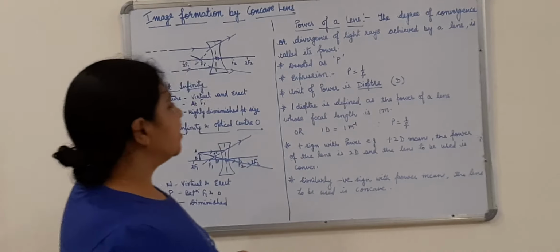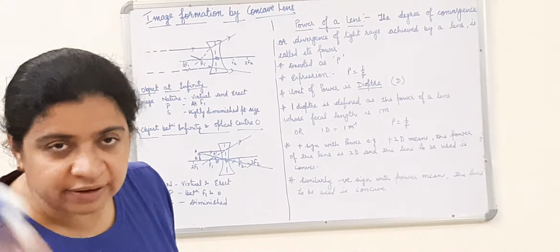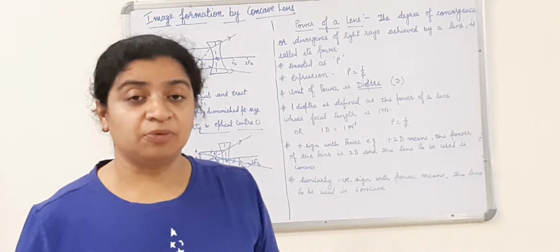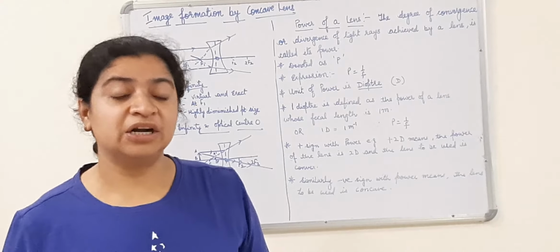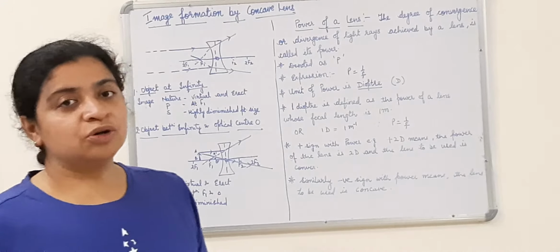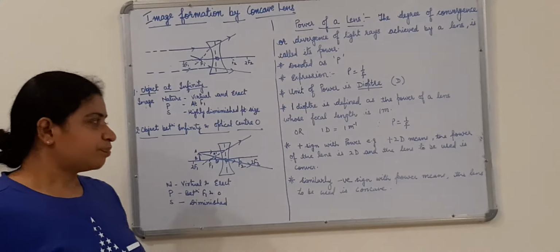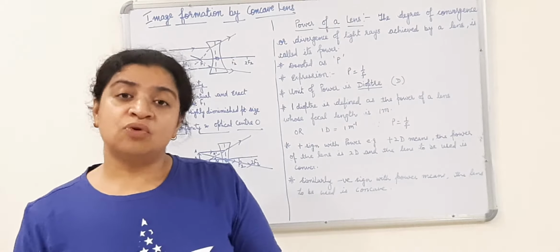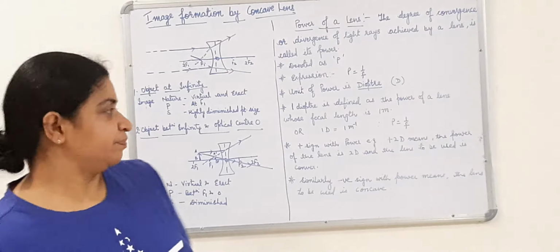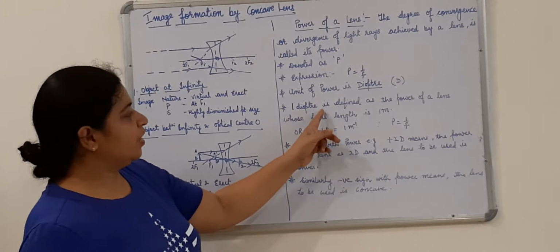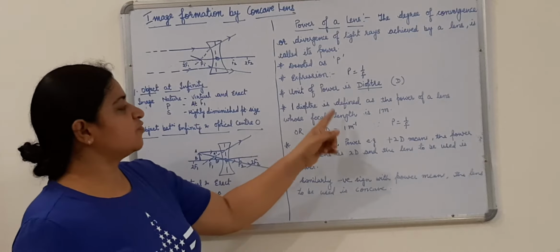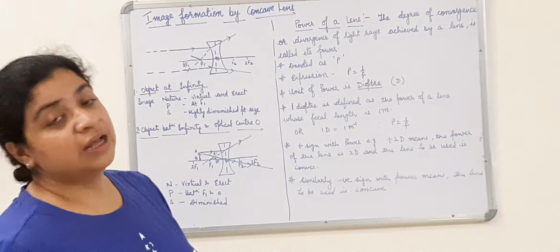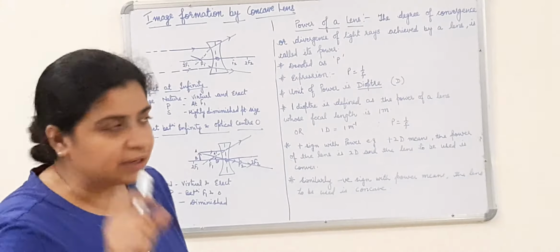A very regularly asked question in the exam is, define 1 diopter. What do you understand by the power 1 diopter? The power of a lens is said to be 1 diopter when its focal length is 1 meter.